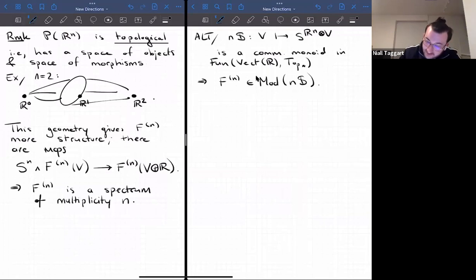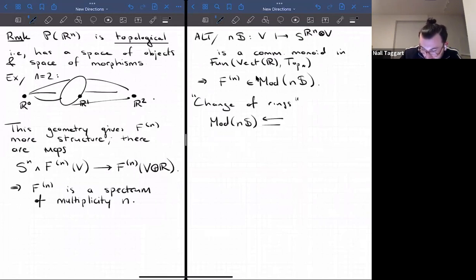But this is also good because this gives us a clean way to get a spectrum out of this guy. There's a change of rings adjunction. It's really change of commutative monoids from modules over this guy NS to modules over it when n is 1.